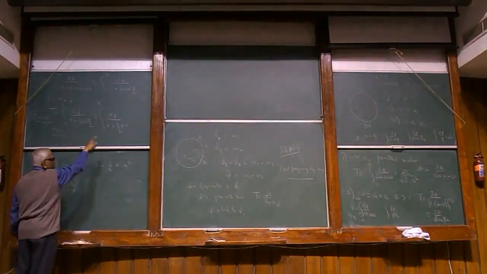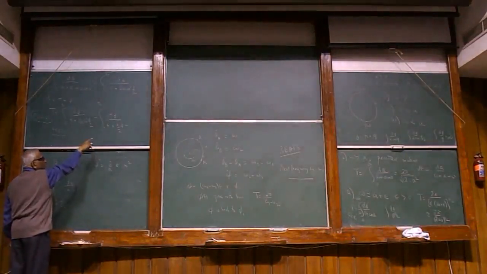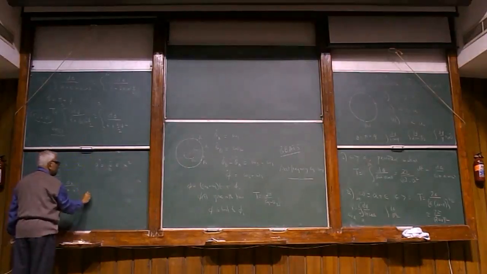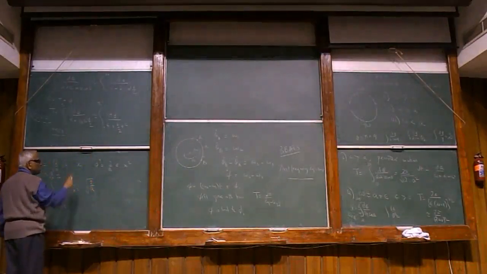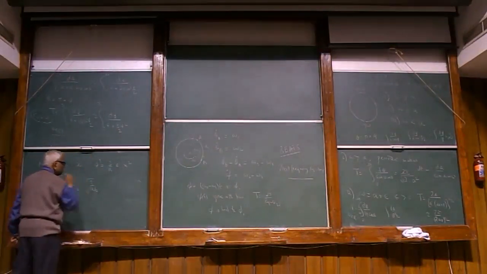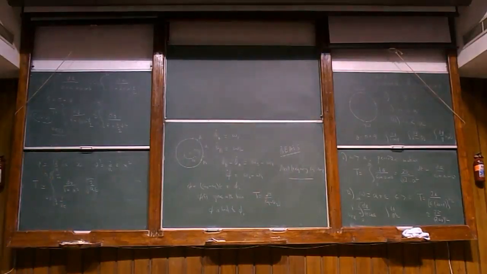The a by 2 has cancelled, epsilon has come out, and from phi to x I have a root 2 over a, and I have a square root of epsilon, but there is an epsilon in the bottom, so it's this. So it is that into dx over 1 plus x squared.